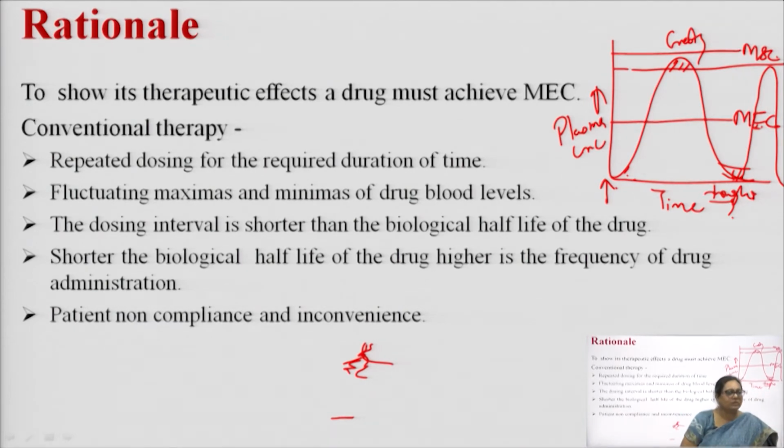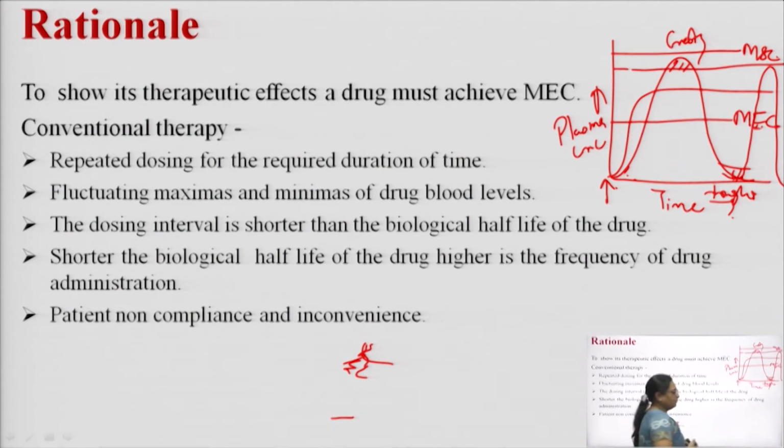All these shortcomings are overcome in a controlled drug delivery formulation, where we optimize the biopharmaceutics, pharmacokinetics and pharmacodynamic properties of the drug in a manner so that we can accomplish a constant plasma level of the drug which lies within the therapeutic range.